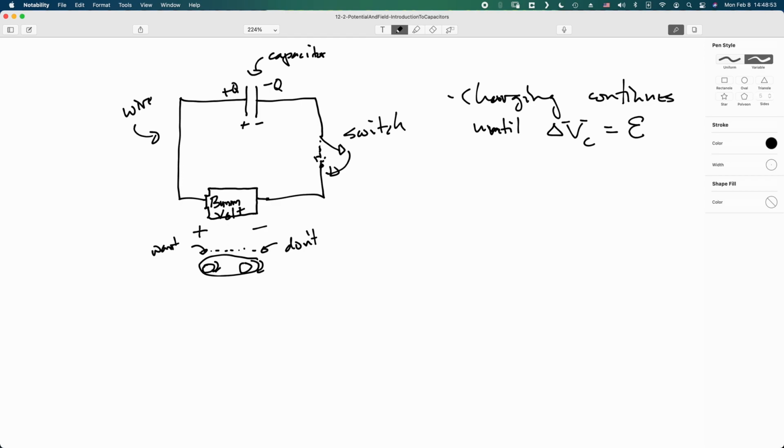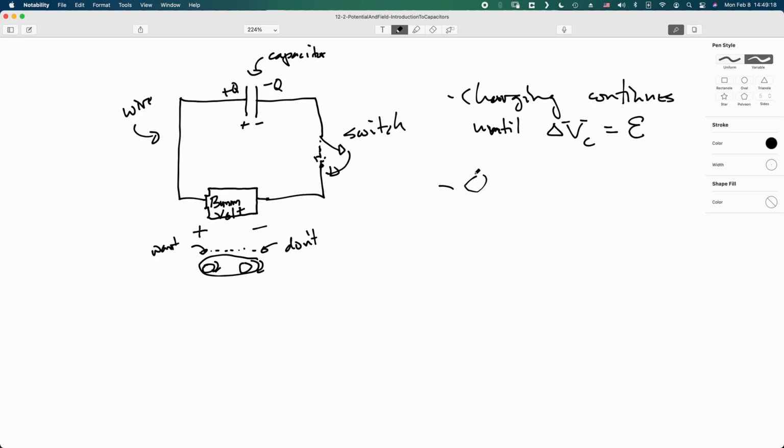All right, so then what's going to happen after that? Once we've built up enough charge here that the voltage across the capacitor is equal to the battery EMF, if we continue to let this run, what happens? Well, it's a bit of a shaggy dog story. Nothing more happens.